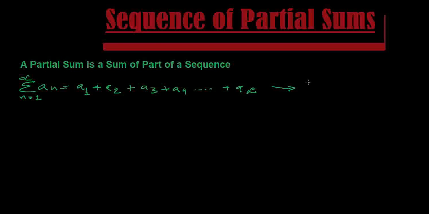If we take the sum of one number, we can write it as s1. If we take the sum of two numbers, a1 and a2, we can write s2. If we take the sum of three numbers, a1, a2, a3, we can write s3, and so forth.